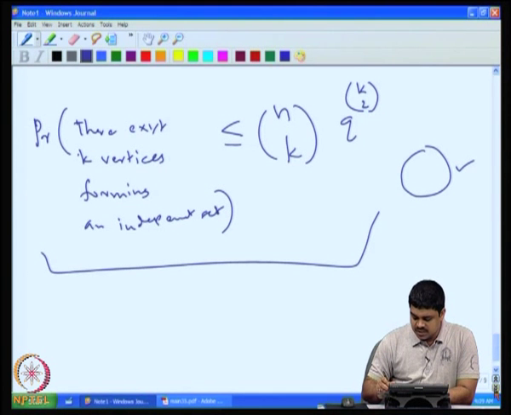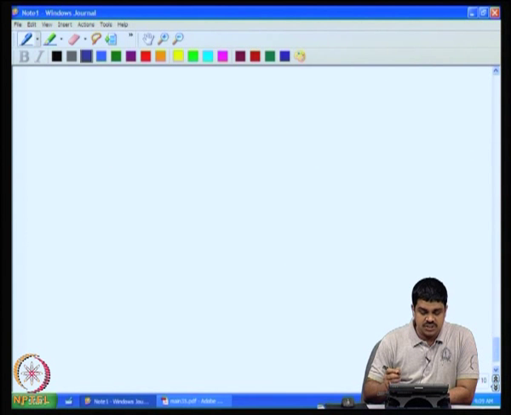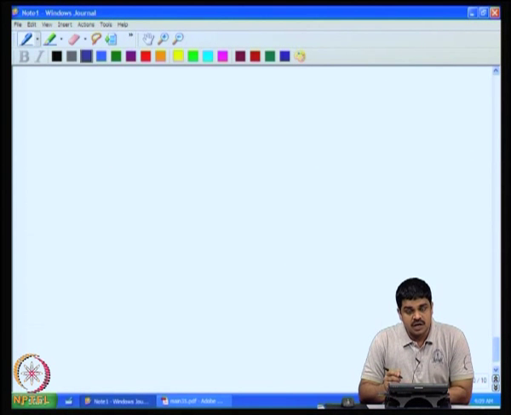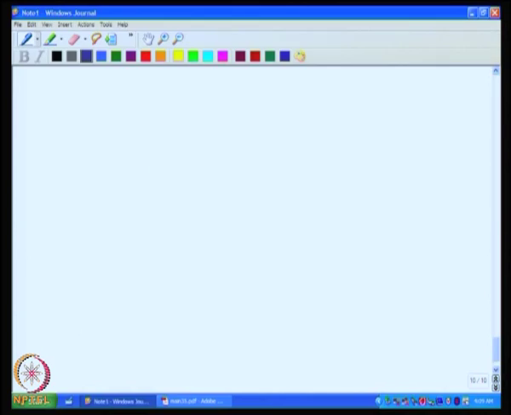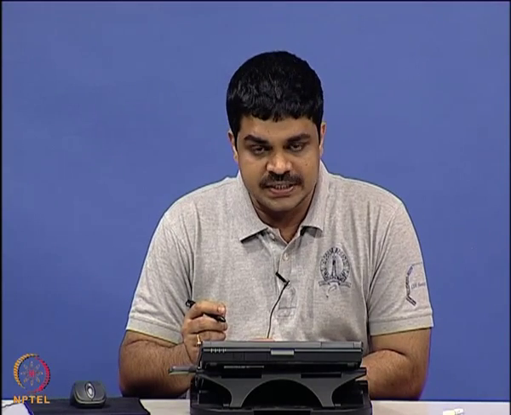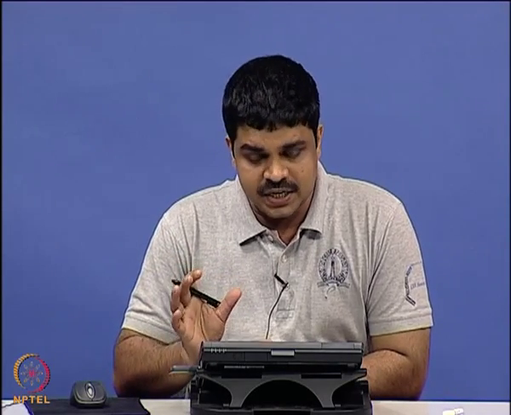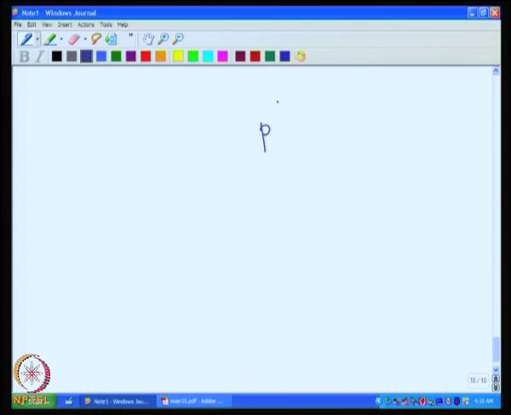As a similar question, suppose I asked, instead of independent sets, can I find an upper bound that there exists a clique on k vertices in G, how will we find it? We will use the same method, namely we fix a particular set of k vertices and ask what is the probability that there is a clique in it. Clearly, the probability is p raised to k choose 2. Why?